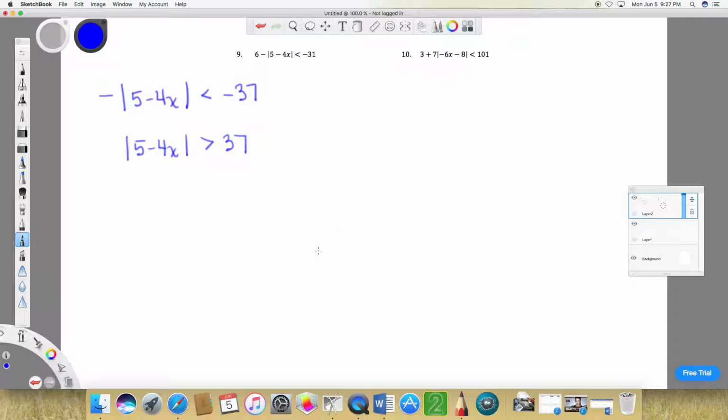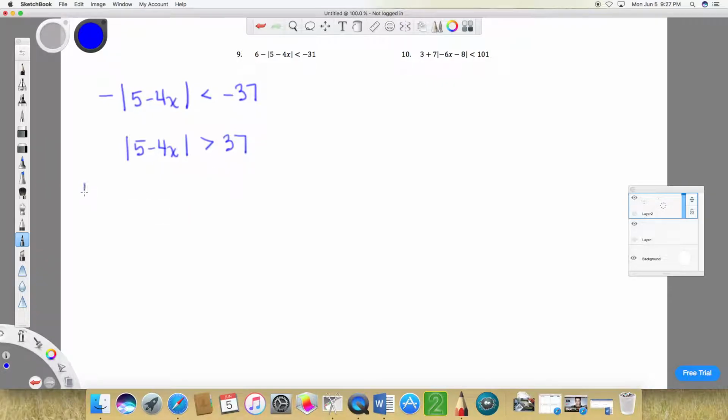So we know our solution set that the tails of the number line are going to be shaded, that the center of the number line is not going to be. So this splits into two inequalities. We call that a compound inequality because it's separated with the word or.